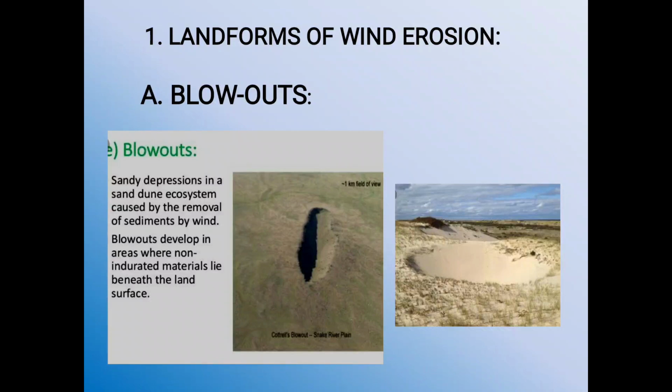First is dust, with a diameter less than 0.06 millimeters. Second is sand, with a diameter more than 0.06 millimeter. Dust is carried in suspension with the mixture of clay, mud, or silt. It can be transported around 1500 kilometers from the region of origin.